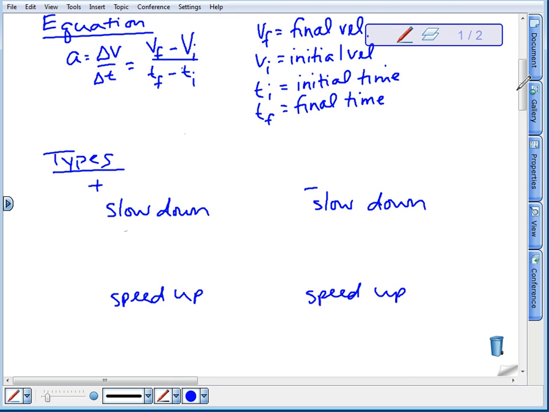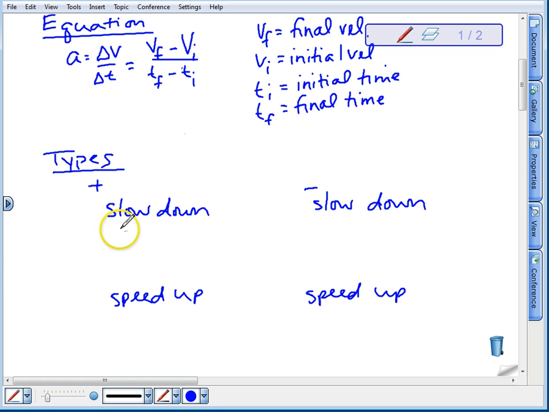There are a couple types of acceleration. We can have positive acceleration or negative acceleration because acceleration is a vector. So the direction of the acceleration is going to tell us if it's positive or negative. Either one of those things can slow us down. If we have a positive acceleration, we could still be slowing down if we were originally going in a negative direction.